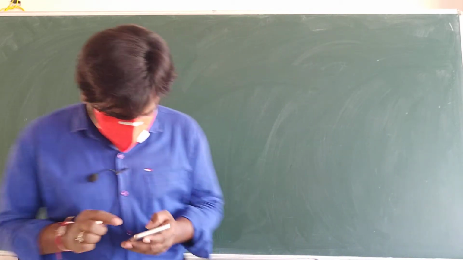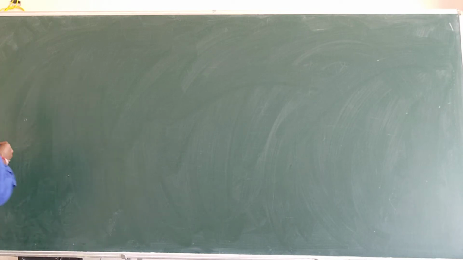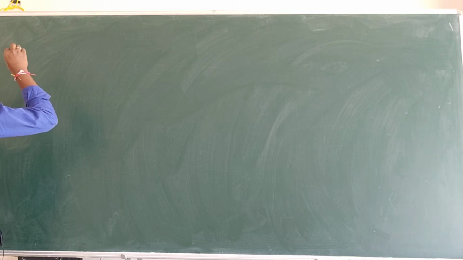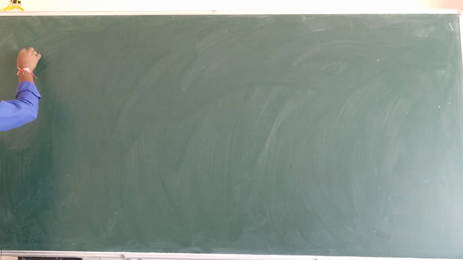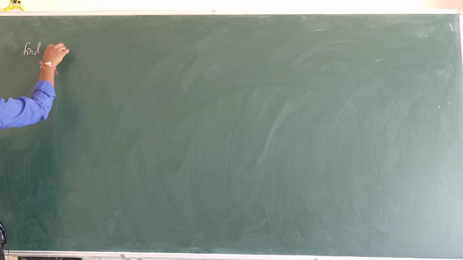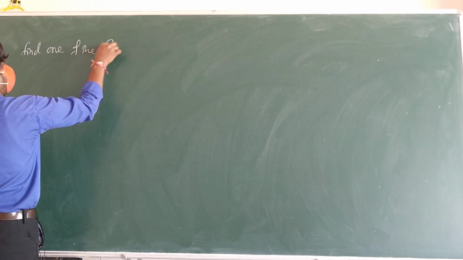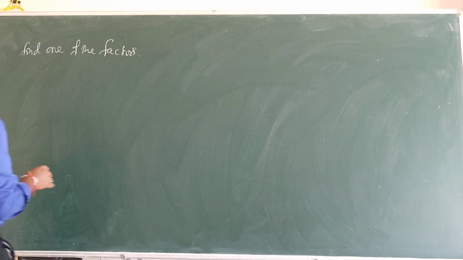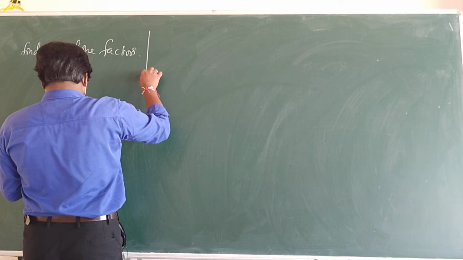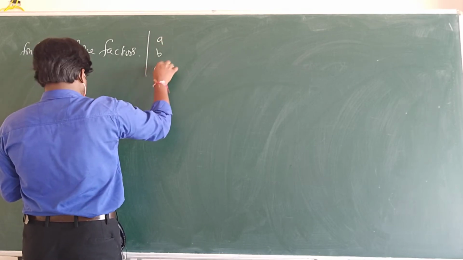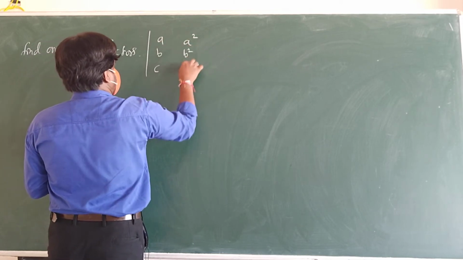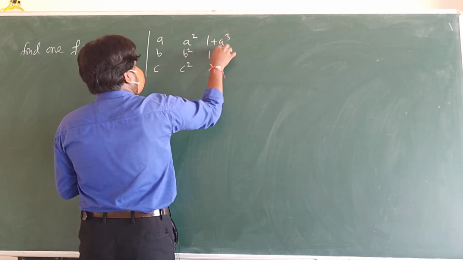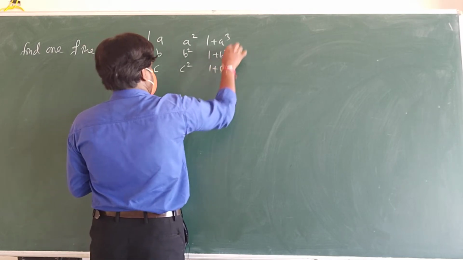Yesterday, one question I was teaching you. This one, right? So the question was: find one of the factors of the determinant with rows a, b, c; a square, b square, c square; 1 plus a cube, 1 plus b cube, 1 plus c cube.